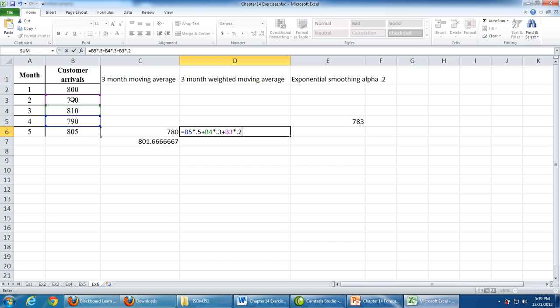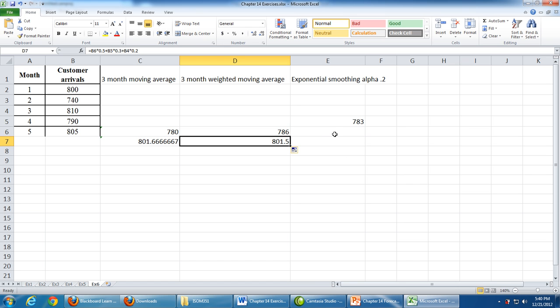Remember, the closer, the higher the weight. Okay, we can write it down. We should be able to grab the right information.